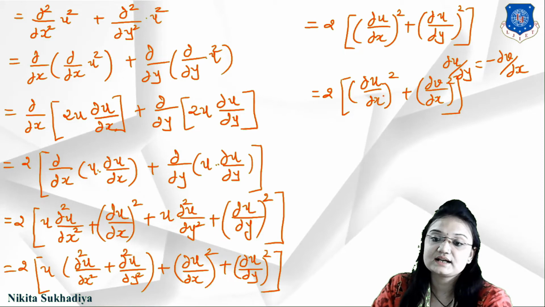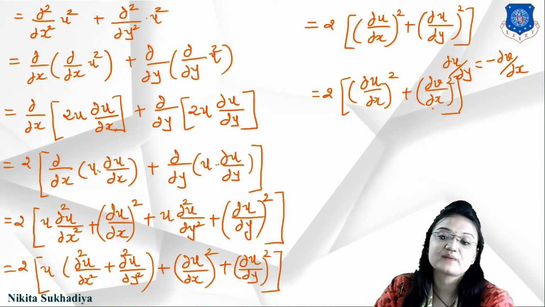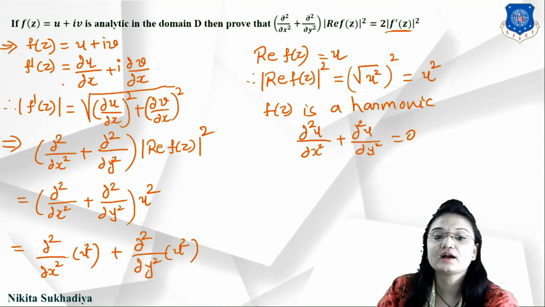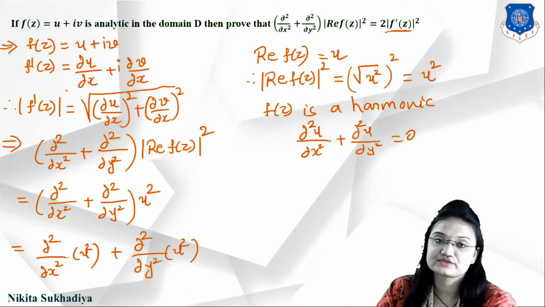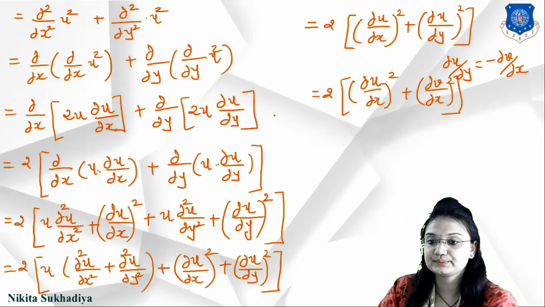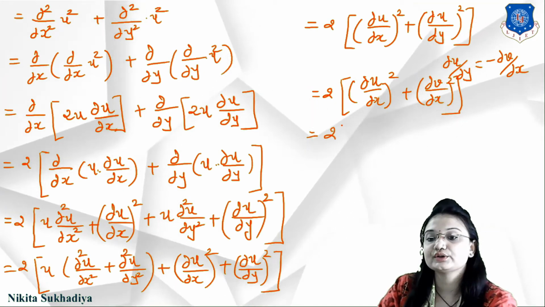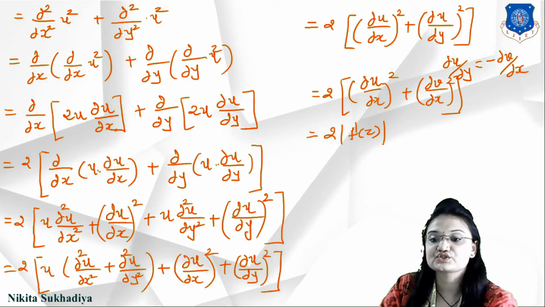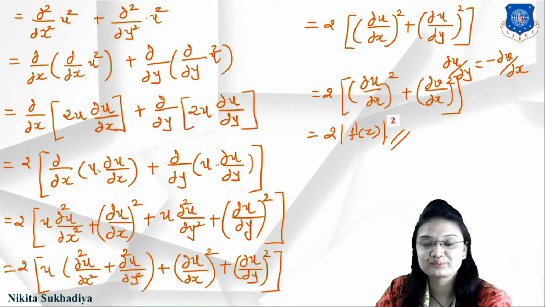And del u by del x whole raised to square plus del v by del x whole raised to square is nothing but mod of f dash of z whole raised to square. So this is nothing but 2 into mod of f dash of z whole square, which we have proved.